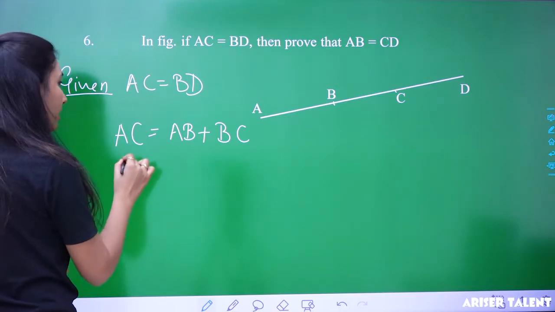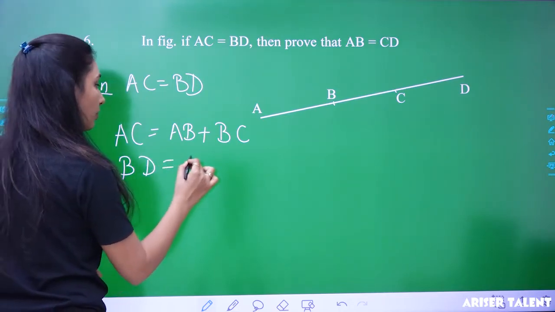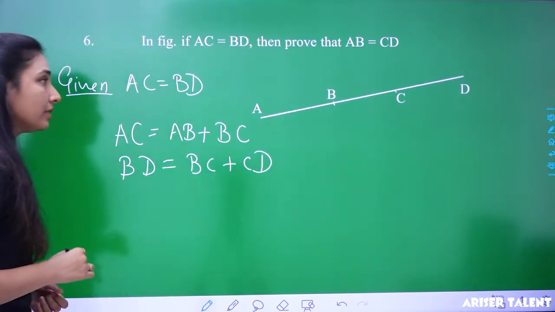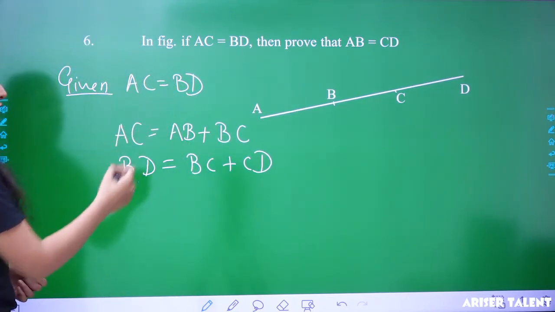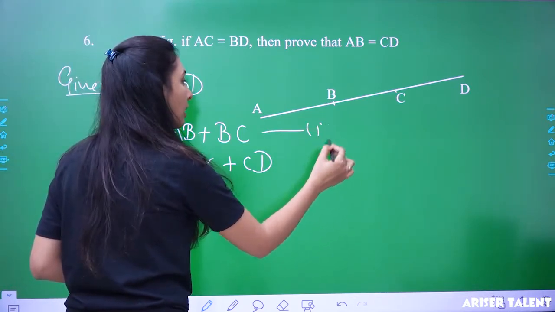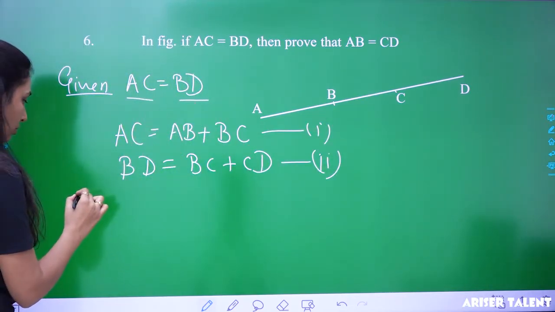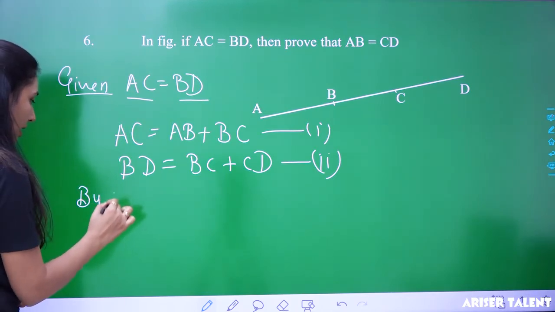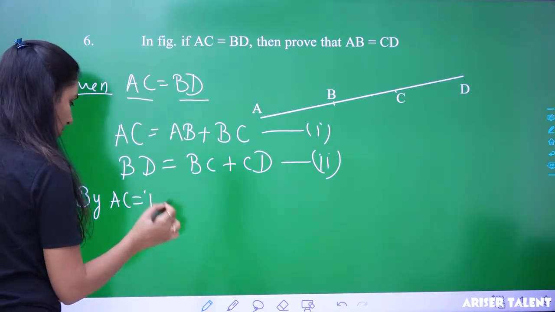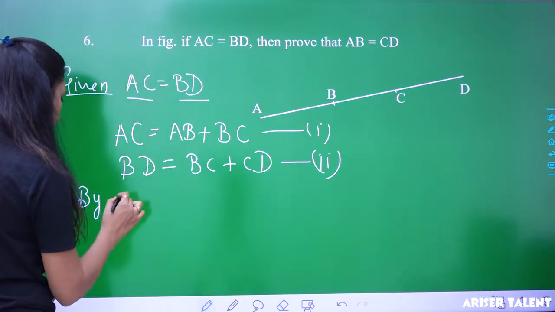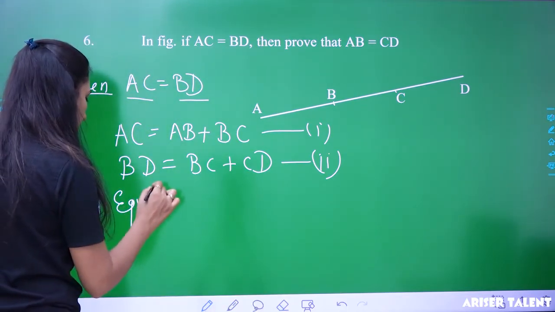Also, we know that BD is equal to BC plus CD. Now, AC is equal to BD. This is 1 and this is 2, so we can equate them.